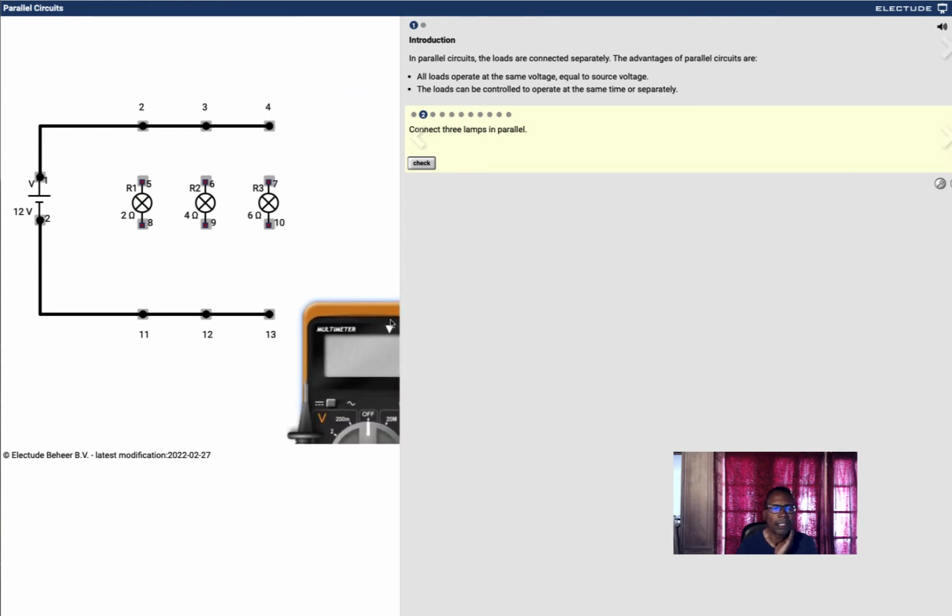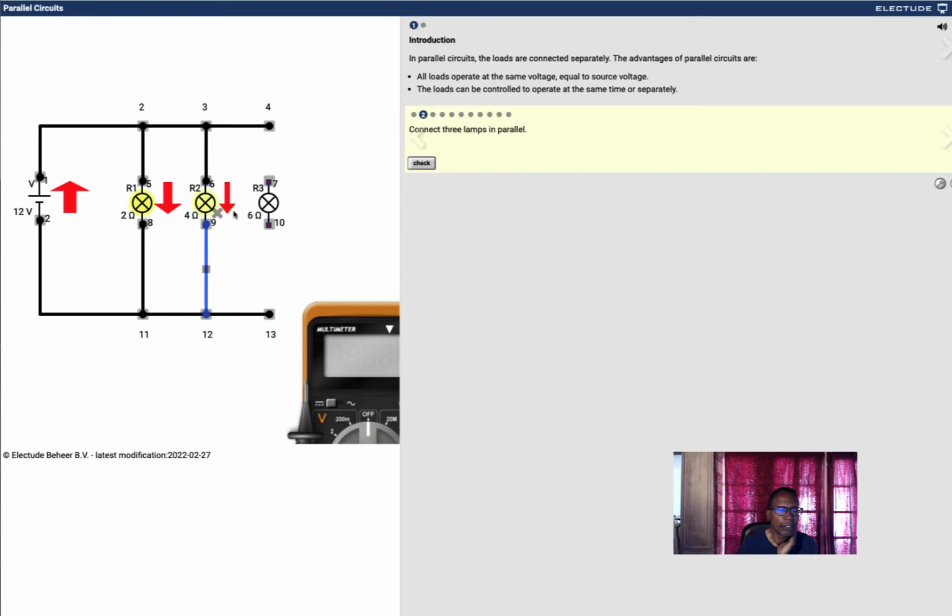Move this out of the way. Connect 3 lamps in parallel. Let's do it again. That's circuit 1, current's flowing through it, 2 ohm resistor. Circuit 2, 4 ohm resistor.